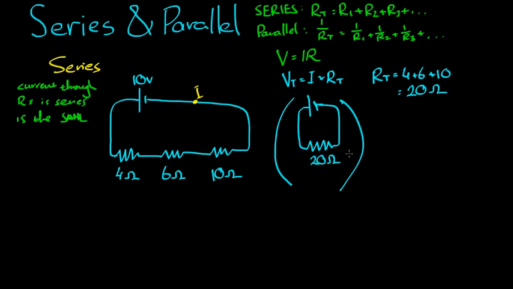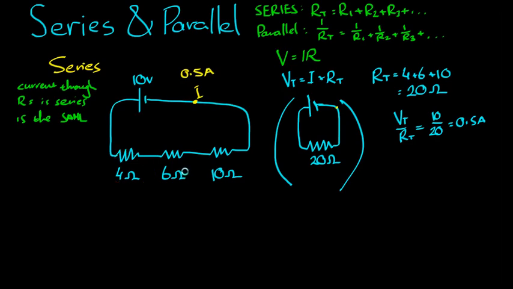So the current I is going to equal V total over R total, rearranging, to give 10 on 20, or 0.5 amps. So the current flowing past this point here is 0.5 amps.